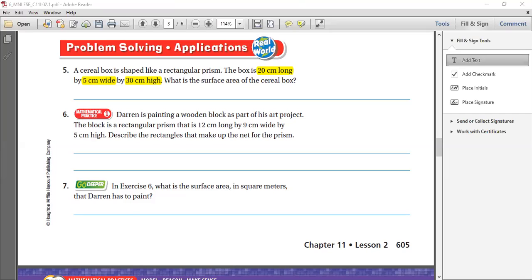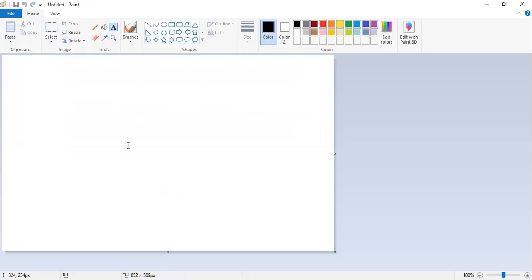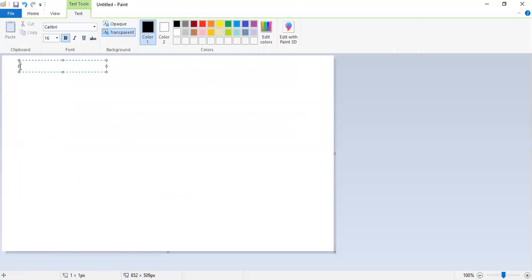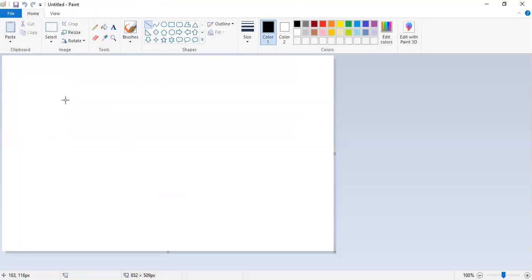Okay, so this is going to be for question number 6. Darren is painting a wooden block as part of his art project. So the block is a rectangular prism. So let's draw a rectangular prism first. How do you draw a rectangular prism? Now I'm going to draw it the other way, like the sleeping way.